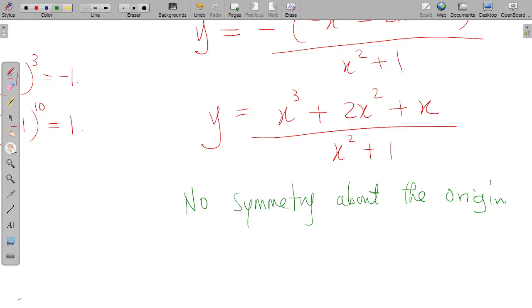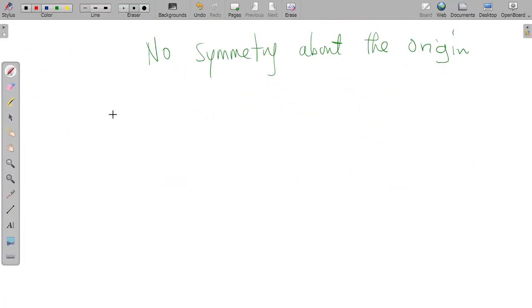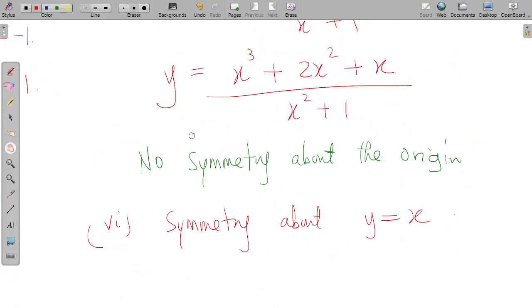All right, so the last symmetry we need to test now is number 6: symmetry about the line y equals x. To test for that, we replace every x with y and every y with x.